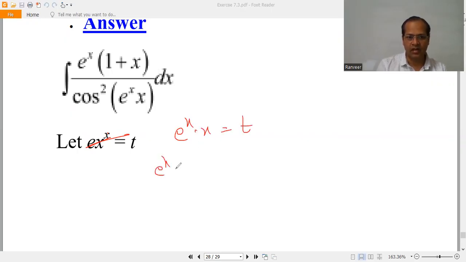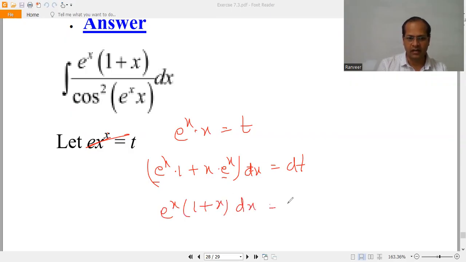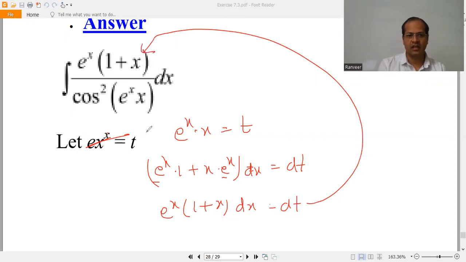If we differentiate, the differentiation of x e to the power x is (1 plus x) into e to the power x, so this total term dx equals dt. So e to the power x common, and (1 plus x) dx equals dt. So these are the steps.